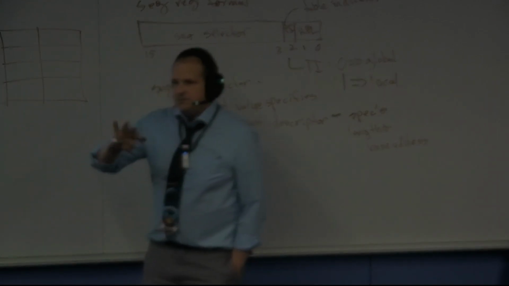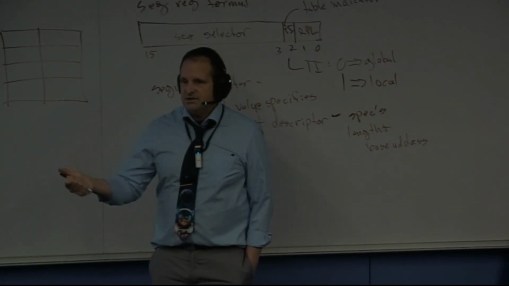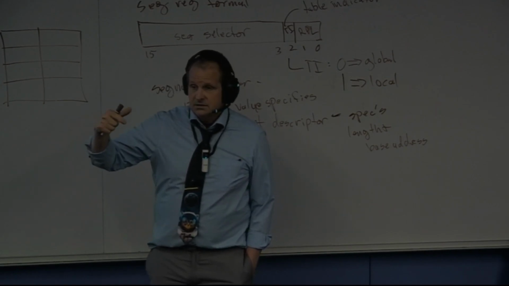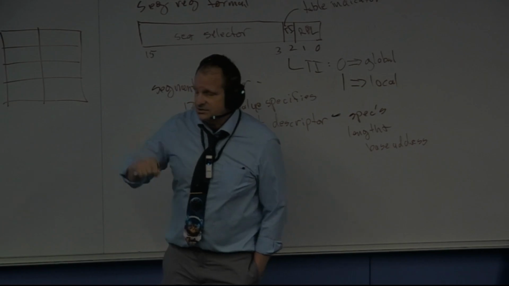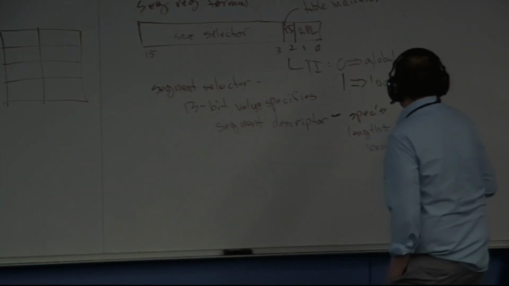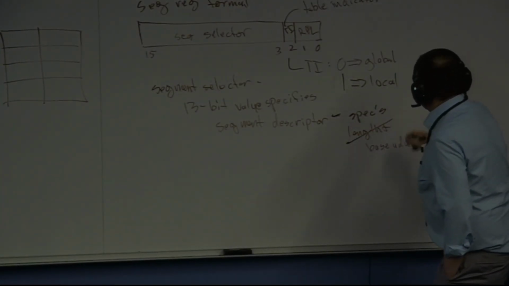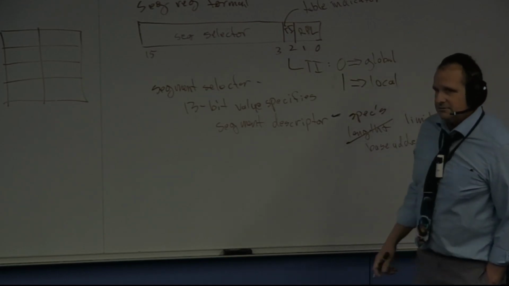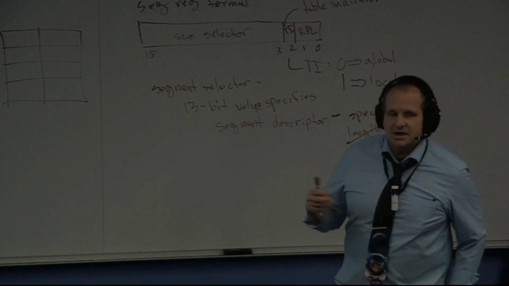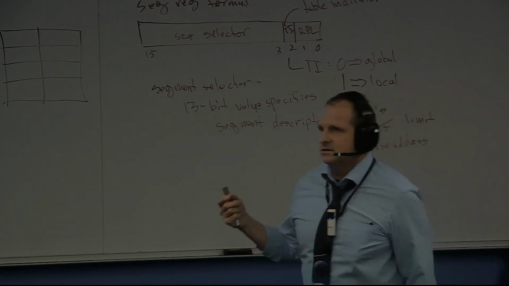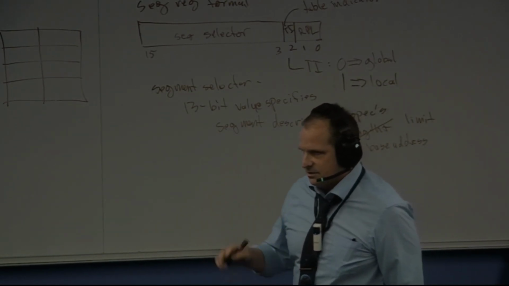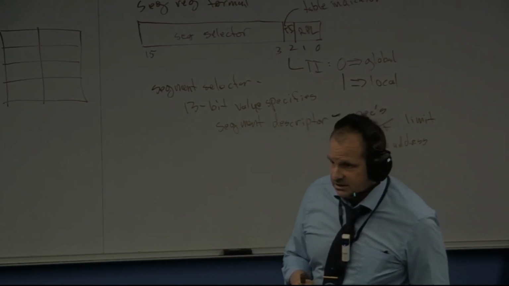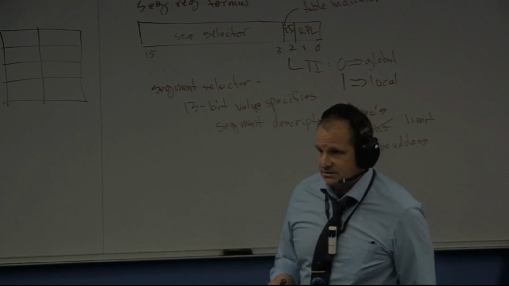So we need 2 things, right? Base address and size. Well, the size is called the limit. It's the highest value that the offset register can be and still be inside the segment.